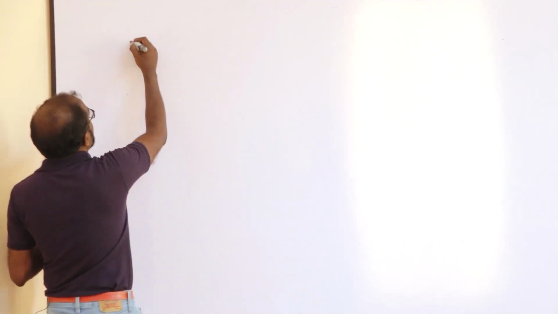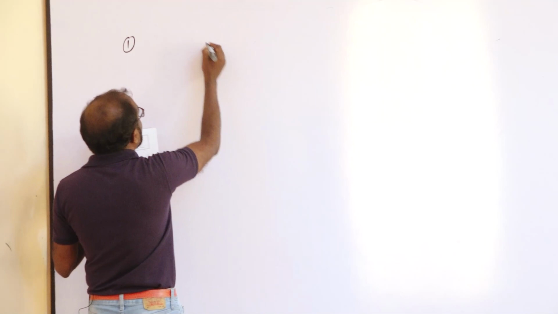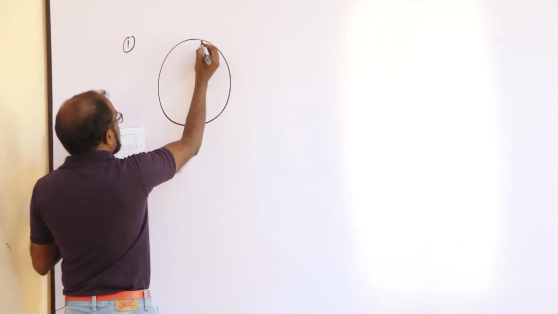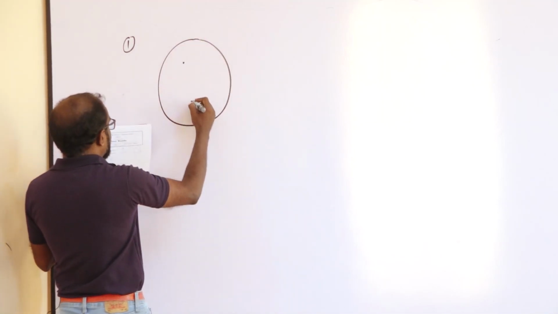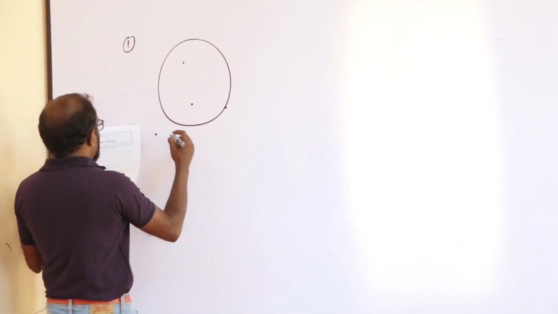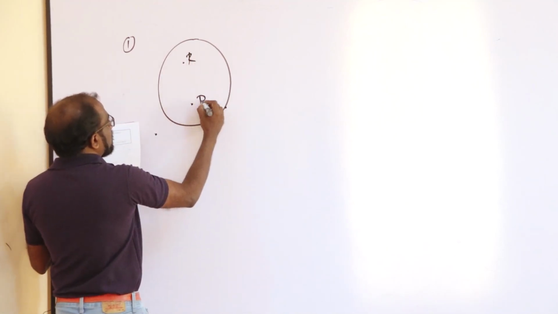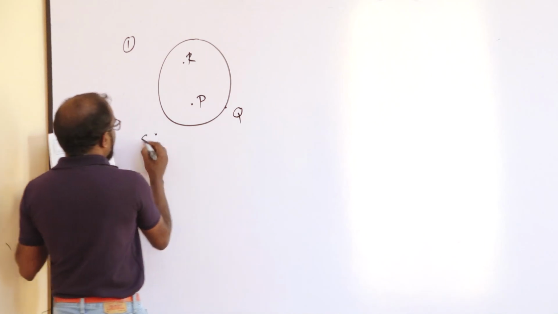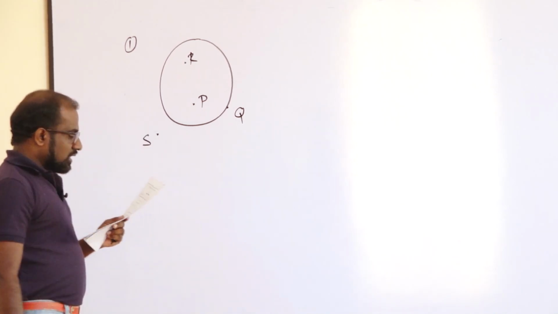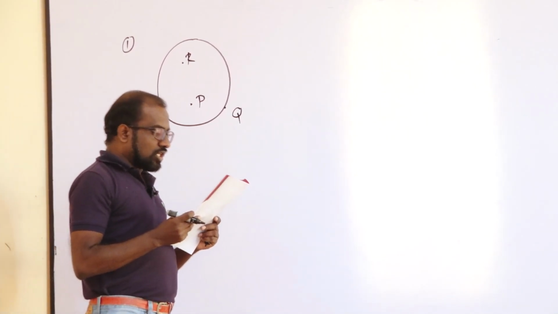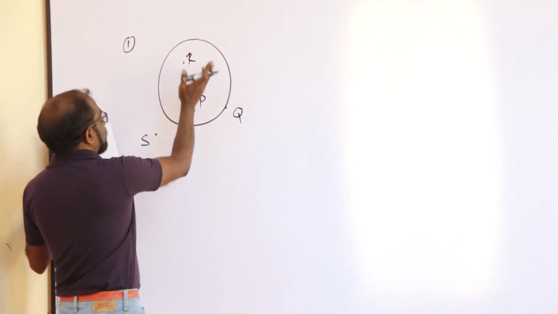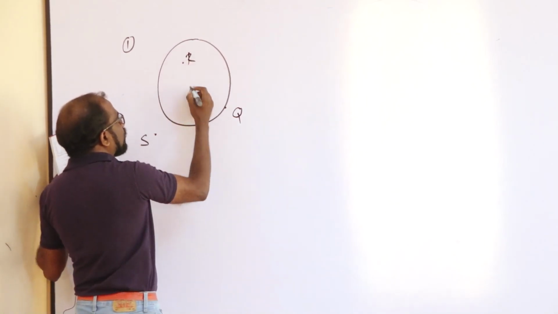First question comes from your first lesson, no? Circles. A circle is given and 4 points are marked here, R, P, Q and S. The question is, what can be the center of the given diagram?